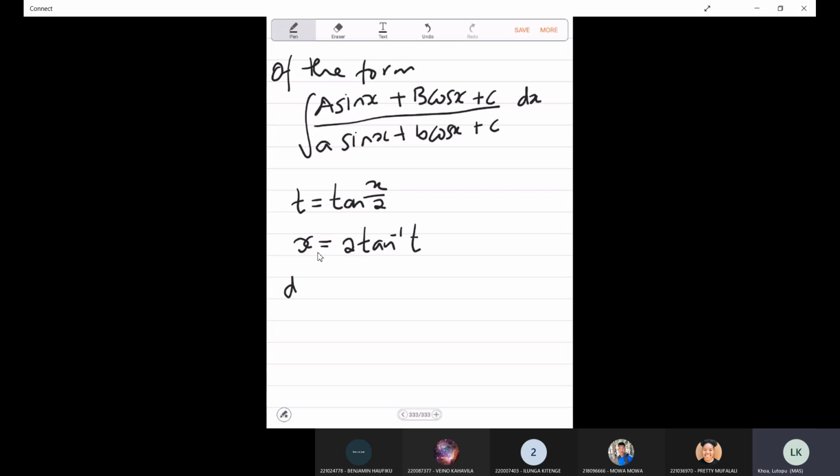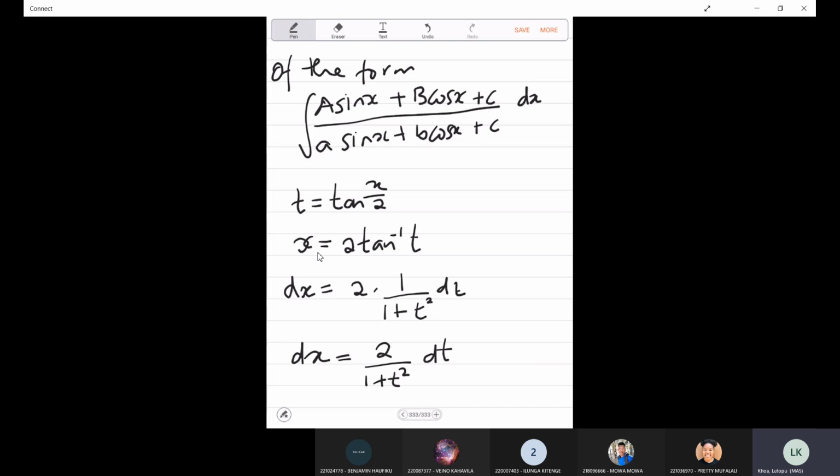So dx is equal to 2 times the derivative of tan inverse of t, which is just 1 over 1 plus t squared, dt. And this means that dx is equal to 2 over 1 plus t squared dt.